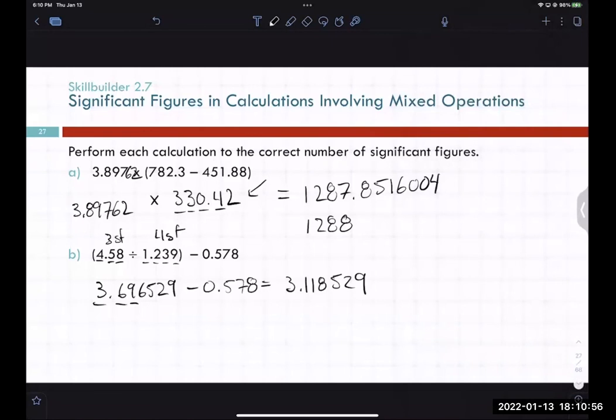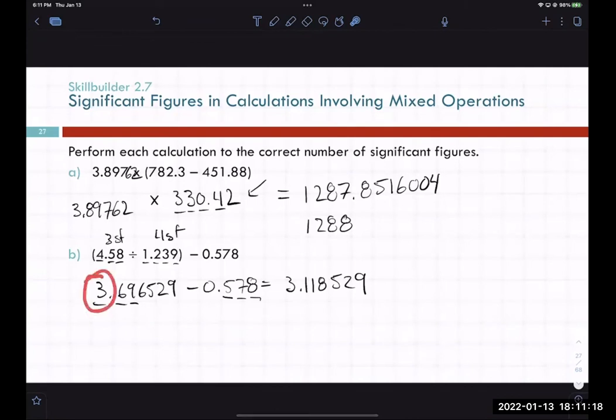And this is why keeping track of which digits are significant is important, because this has 3 decimal places, right? We're doing subtraction, so it's decimal places. In our first number here, there are way more decimal places, but how many of those are significant? Just 2.